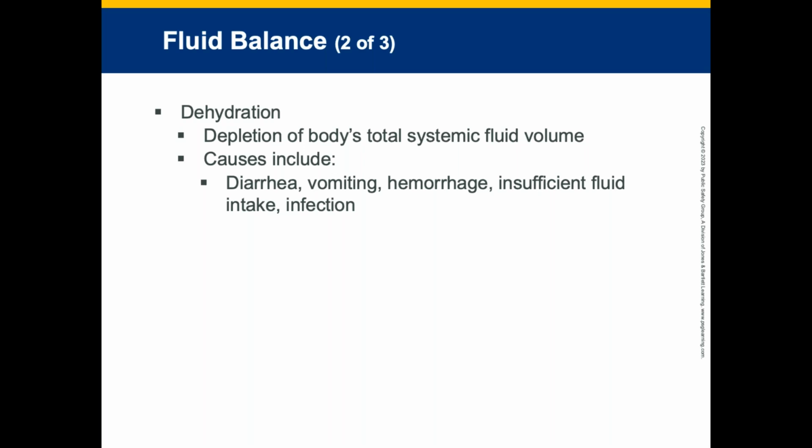As fluid is lost from the vascular compartment, the body reacts by shifting interstitial fluid into the vascular area. This forces a shift of fluid from the intracellular to the extracellular components or compartments. If this happens, we have total systemic fluid deficit that starts to occur.